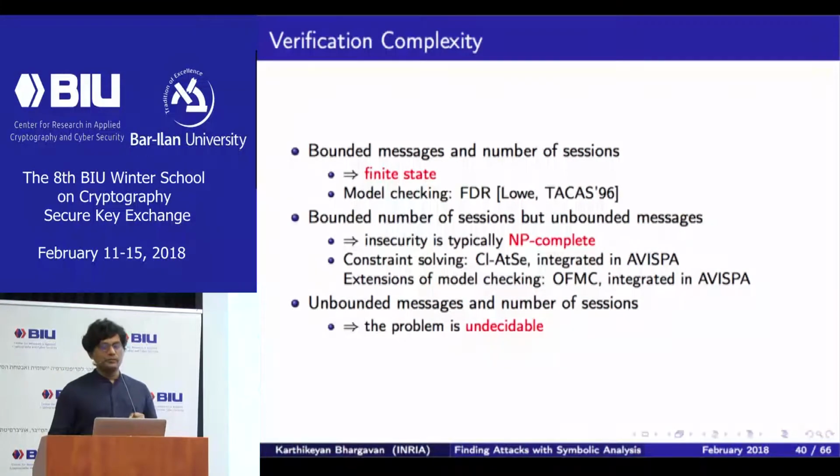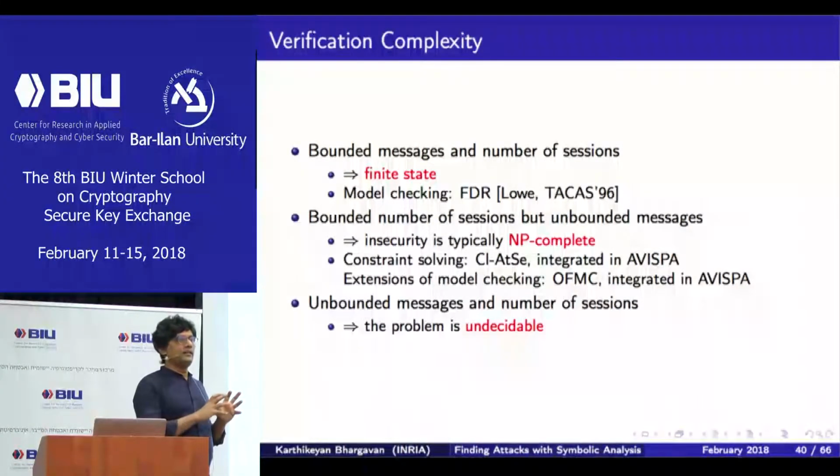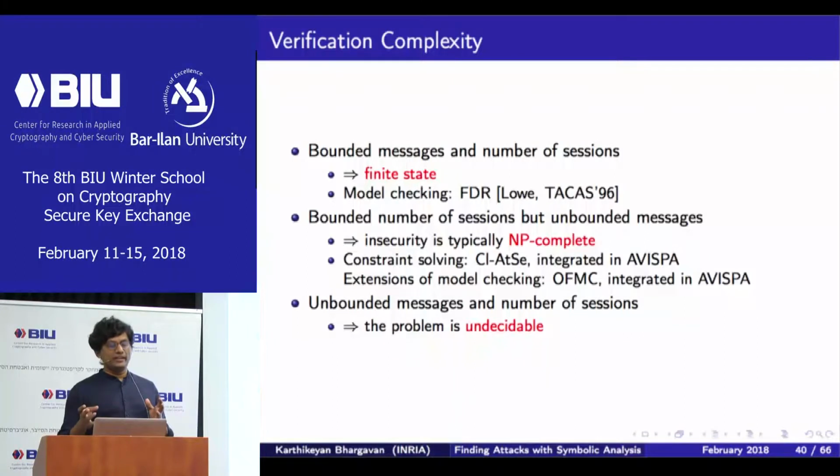Okay? So because of this, the general problem, even in that simplified symbolic model, of asking whether or not the attacker can obtain a secret in the protocol is, in general, undecidable. Okay? There are various ways in which it can be bounded.